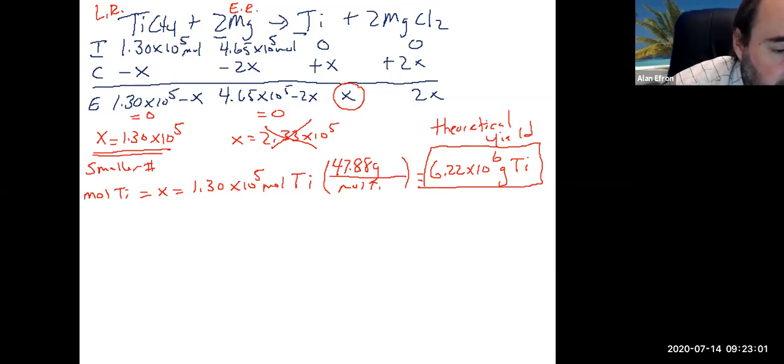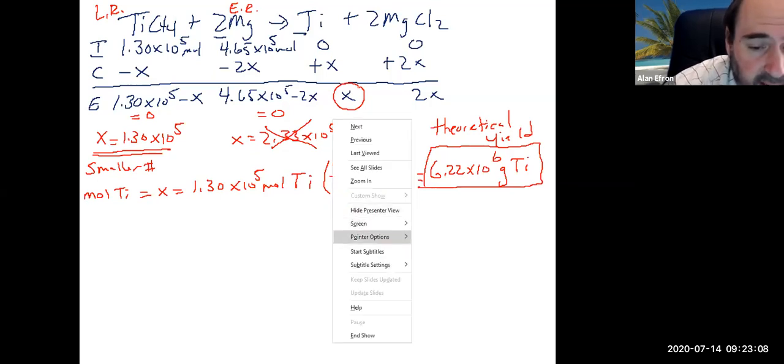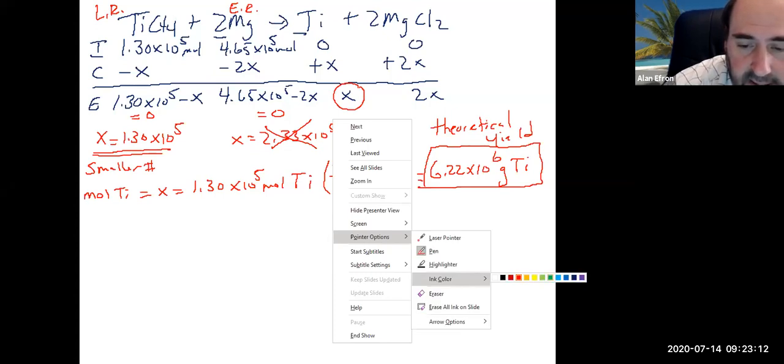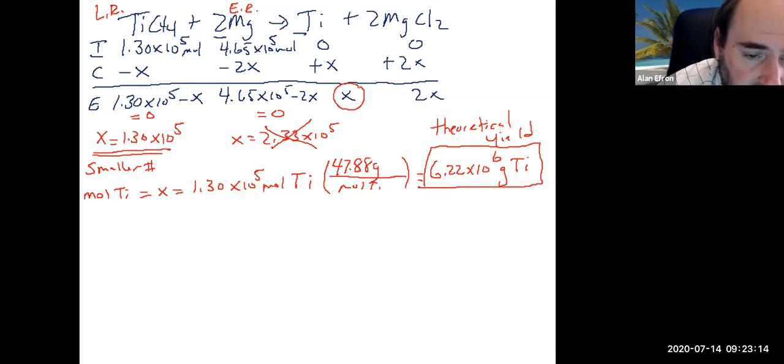This wasn't asked for in this particular case, but if we wanted to, the benefit of this approach is that if we wanted to know about magnesium chloride, for example, we could figure out really quickly the moles of MgCl2, which would be 2 times x.